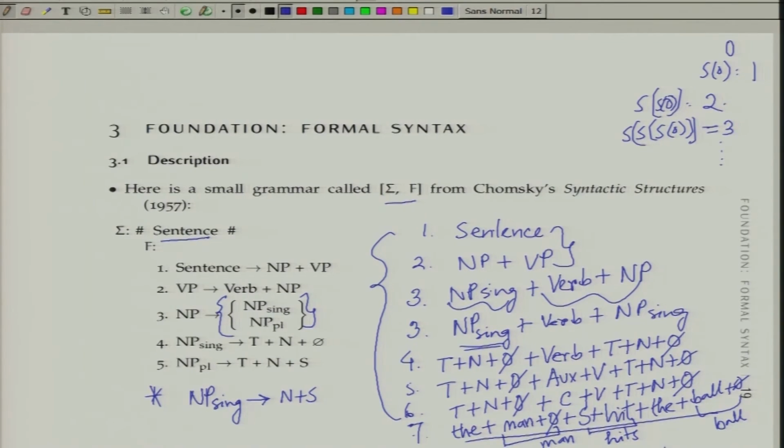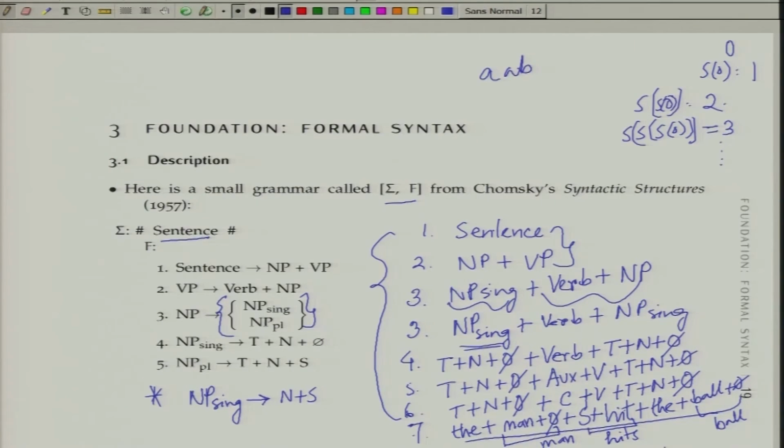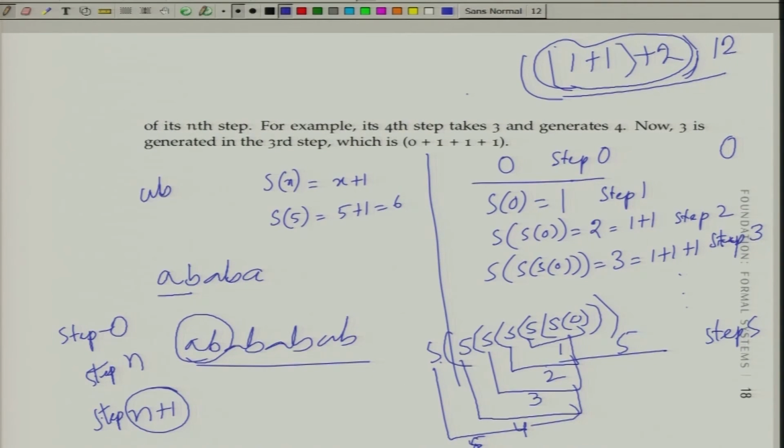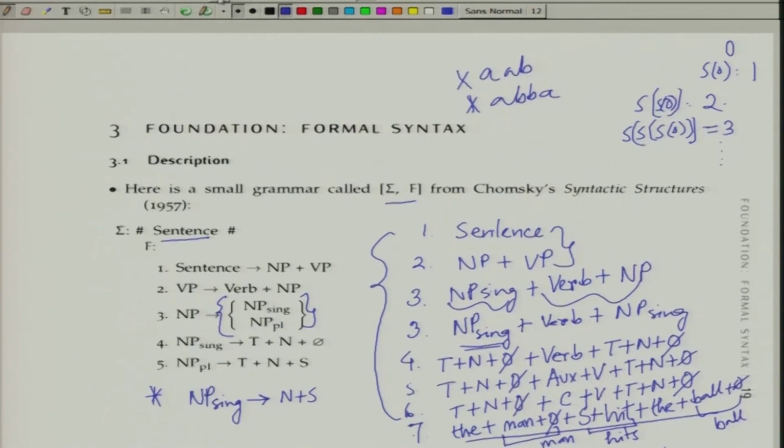Now, can you see that something very similar we did in the old system, when we blocked the derivation of AAB or ABBA. These are blocked, but we wanted structures like AB, AB or BA, BA.